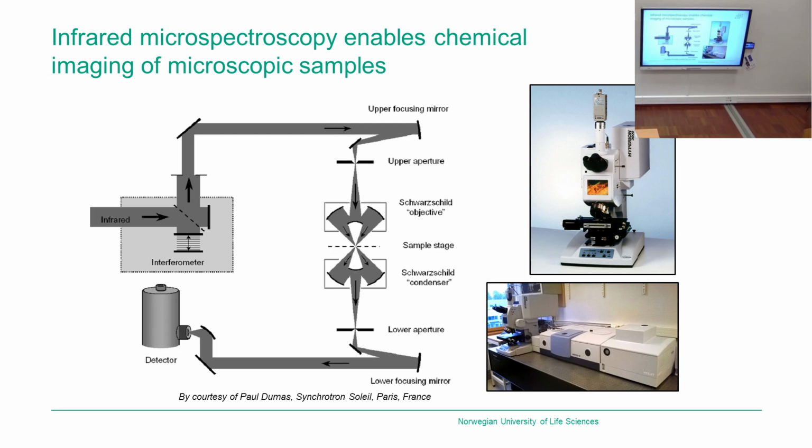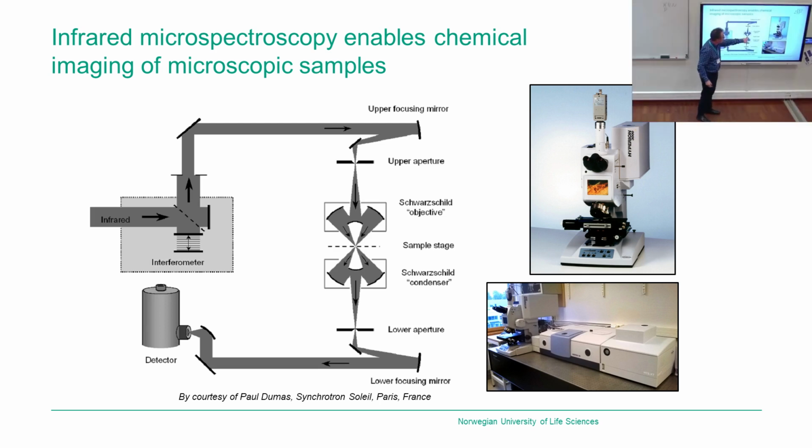So you have, I need to use my finger to point, the sample here, which is typically a microscopic sample, and cells at the size of some micrometers or tissues. And we have optics, which is called Schwarzschild optics. We spent a lot of time in understanding this, and also using this understanding and physical models in the modeling of the spectra we are doing.